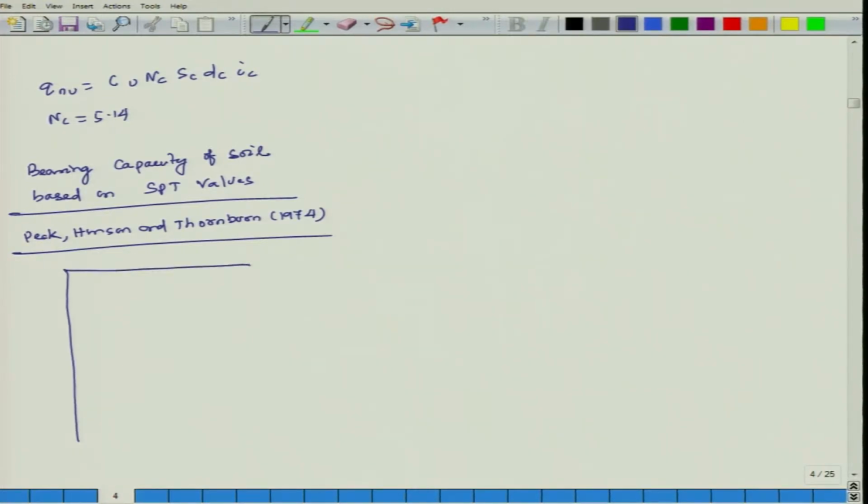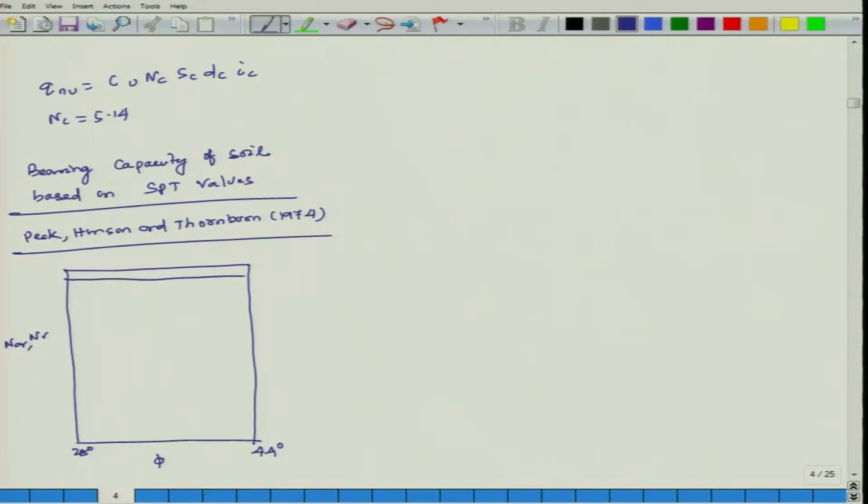This chart you can take out for your examinations. This is the angle of shearing resistance phi. It varies between 28 degree to 44 degree. Then this is the bearing capacity factors NQ and N gamma.